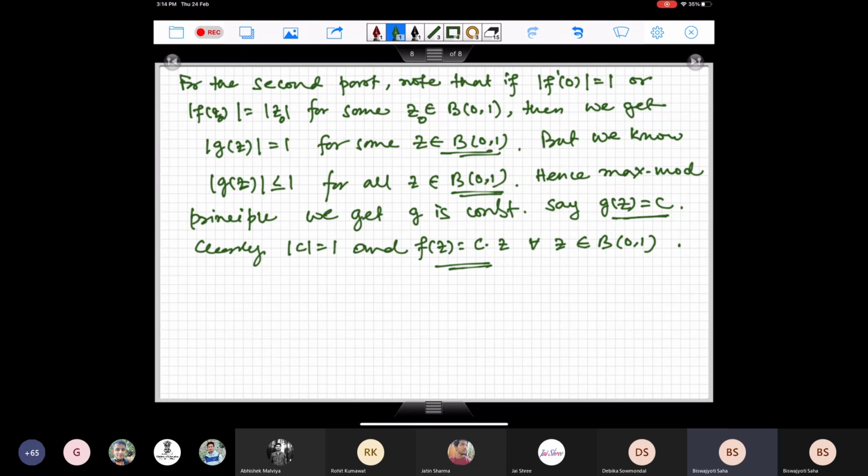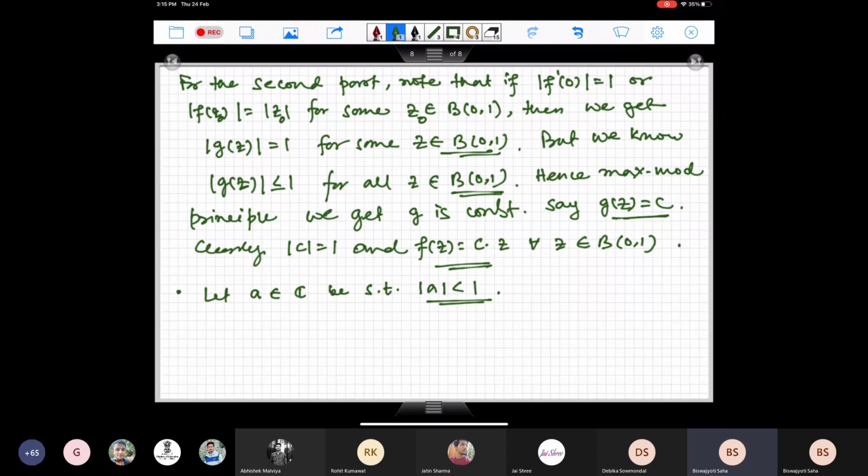Clearly that's going to extend the definition of these constant times z functions. So we are now going to start looking at a particular family of functions which will generalize these f of z equal to constant times z. So let a belong to C be such that mod of a is less than 1. Okay, so that's the function I want to take.